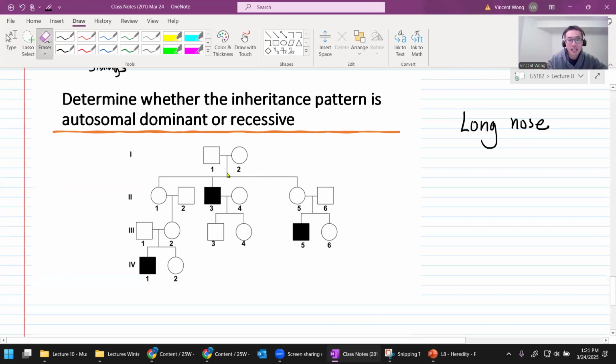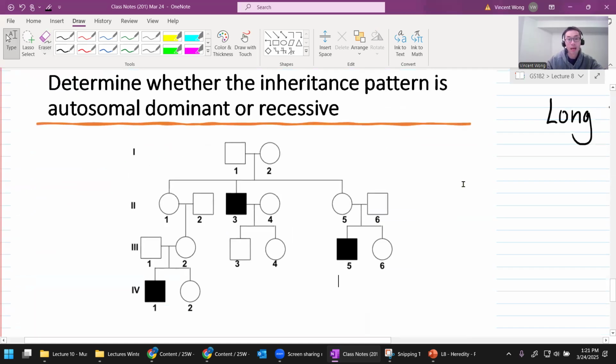We see only 3 people in the family have the very long nose. No one else has it. So is the long nose a dominant trait or is it a recessive trait? That's the question. So this guy long nose, this guy long nose, this guy long nose. Recessive. Yeah, okay. I don't know.